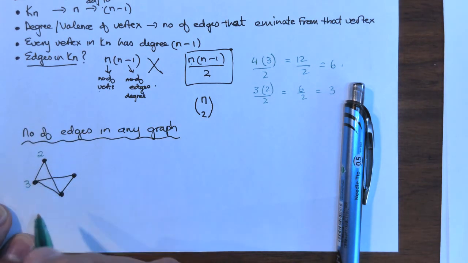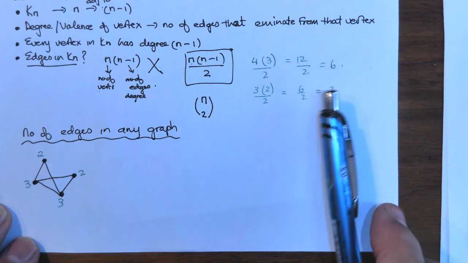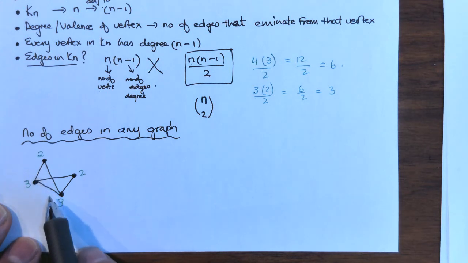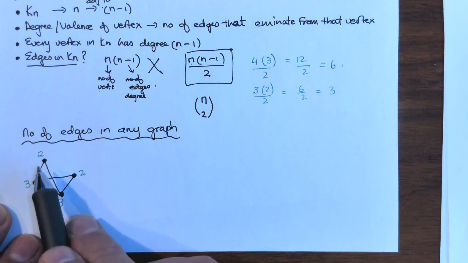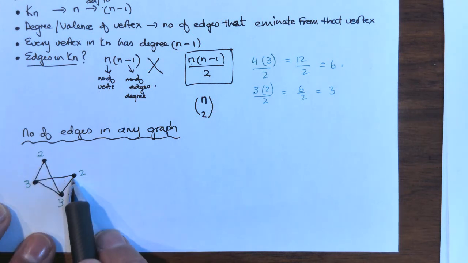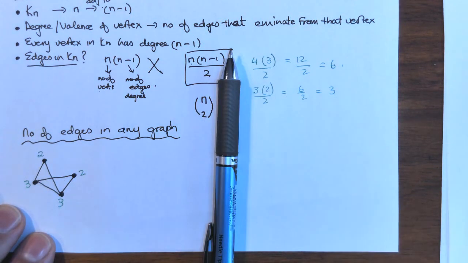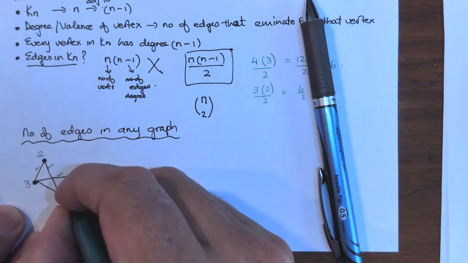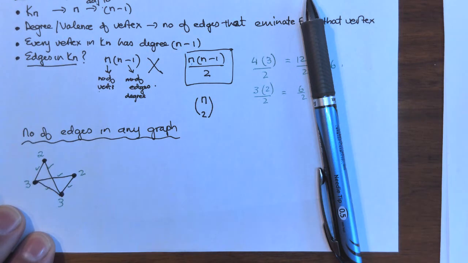This vertex has a degree 3, that vertex has a degree 3, and that vertex has a degree 2. Now, something interesting that's happening here is that you can see there's two odd valenced vertices, and two even valenced. Now, if I count the number of edges, I get 1, 2, 3, 4, 5.